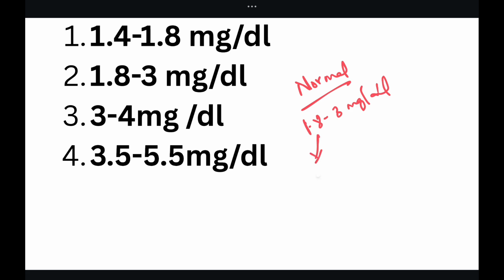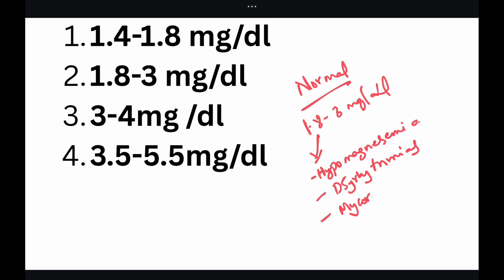Less than 1.8 leads to hypomagnesemia. Hypomagnesemia causes dysrhythmias because it affects the myocardial nerve cell impulse conduction.